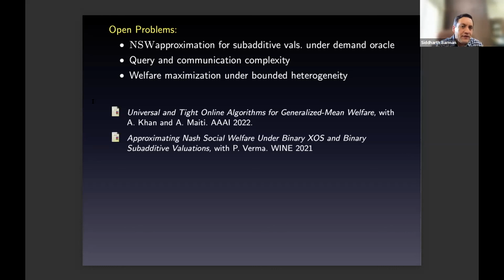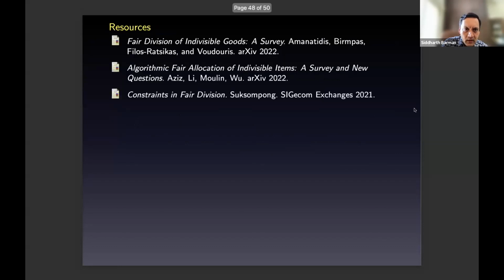The number of agents can be large, they can be n, but let's say there are only 4 different valuations. So each agent has one among these 4 different valuations. For those sorts of instances, can you obtain a nice approximation guarantee? I'm referring to that as bounded heterogeneity. That to me would be an interesting result. Yeah, query complexity results for social welfare in these more general oracle models.